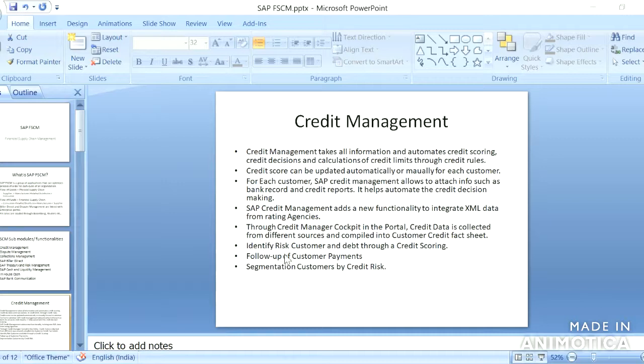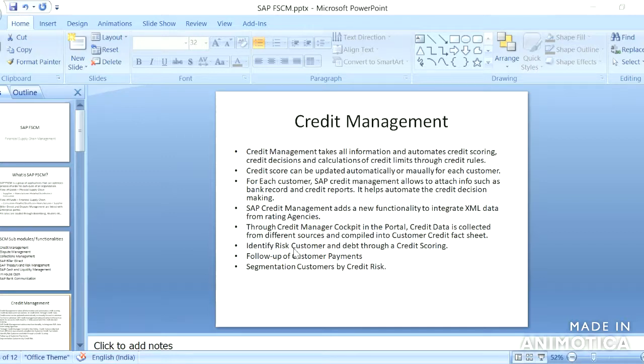So identify risk customers through credit scoring. We will find the risk of that particular customer. As we discussed, if the risk for that particular customer is high, we stop giving credit to that customer. Then follow up of customer payments.